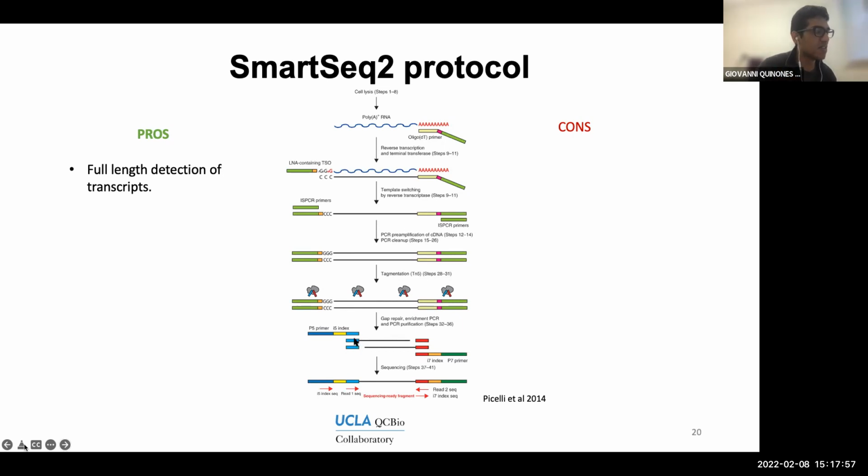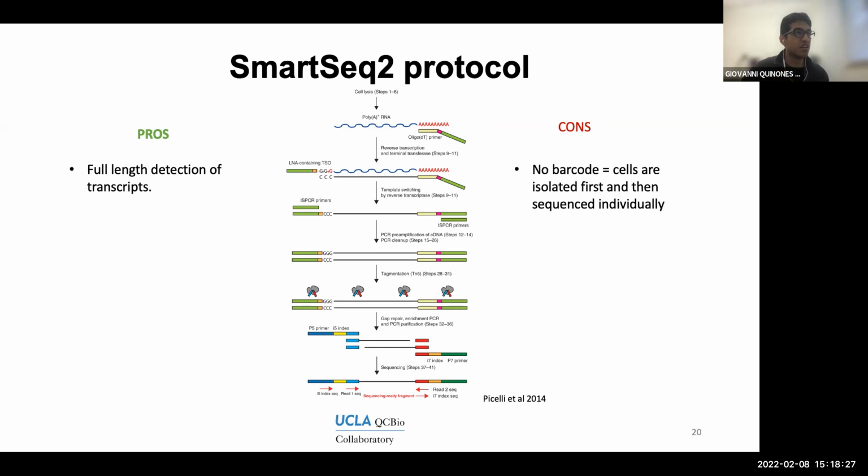These oligos are Illumina adapters. Illumina is the brand of the sequencing machine. By adding these adapters, you make these fragments ready to be read by the sequencing machine. Although you're breaking them apart, you capture the full length of the transcript. It's just segmented into these different regions.